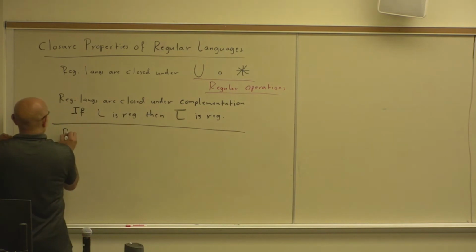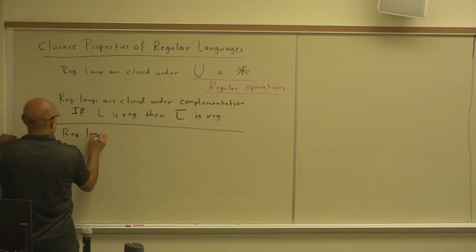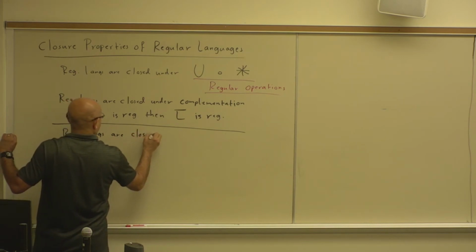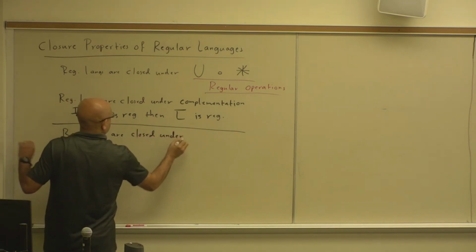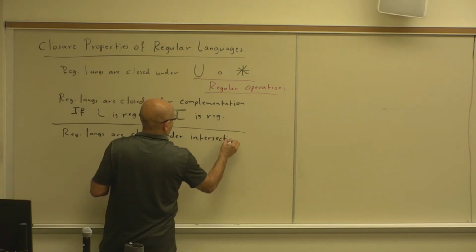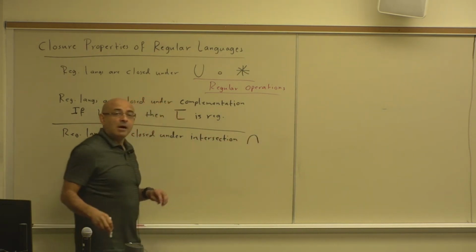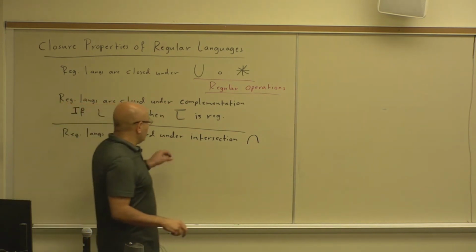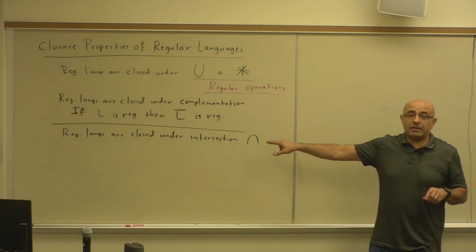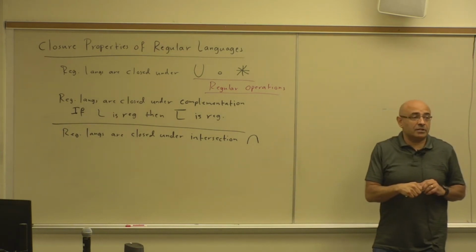Now, regular languages are closed under intersection. We didn't show this in great detail, but I mentioned the idea in a previous lecture.